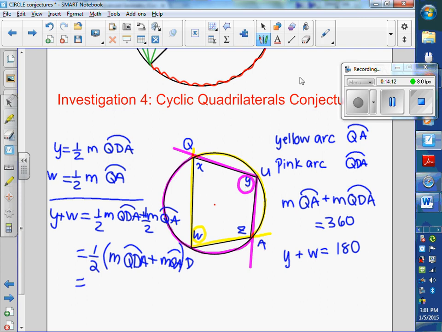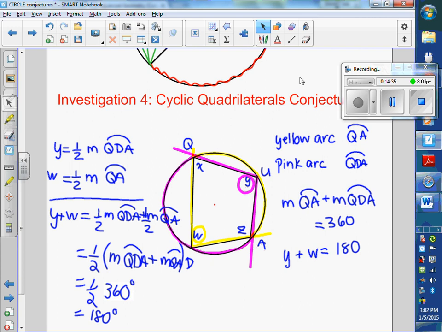So that's half of 360, which is 180. So the opposite angles in a cyclic quadrilateral always have to equal 180 because their intercepting arcs always cover the circle.